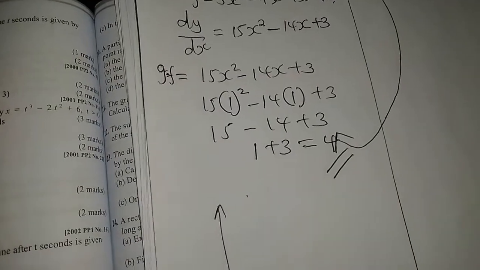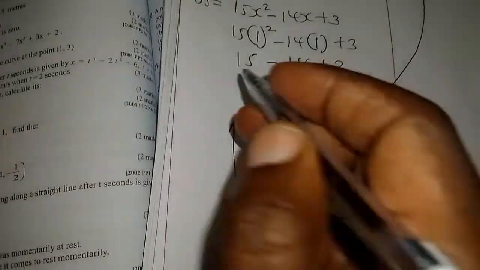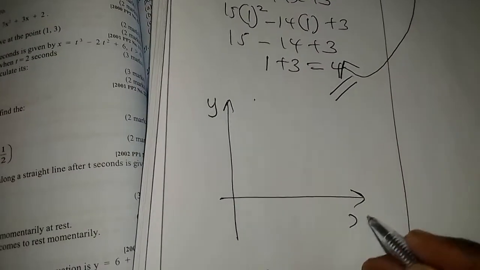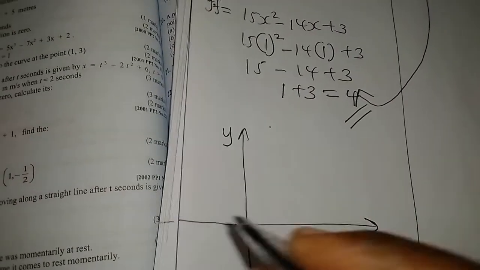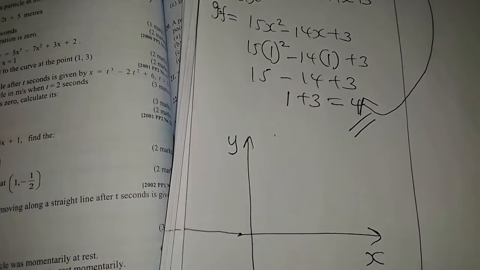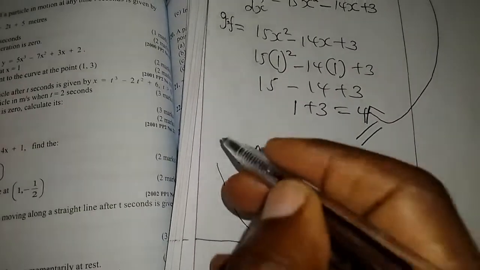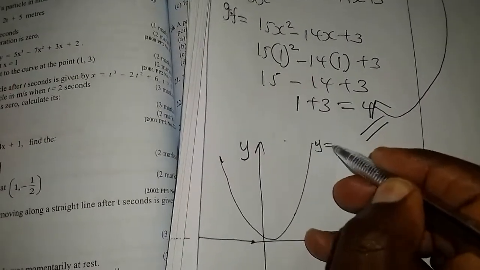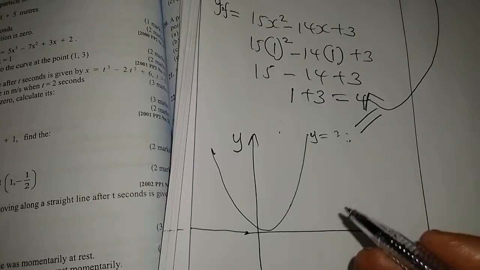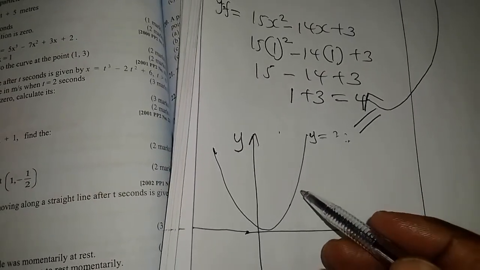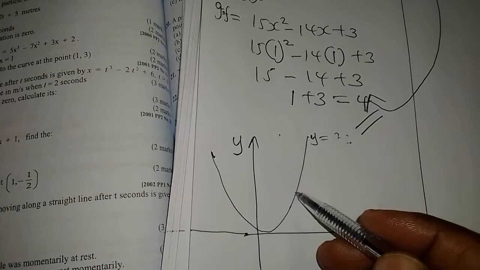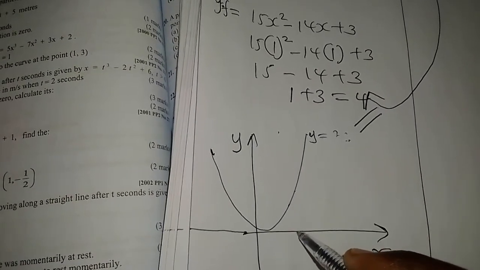I have my Cartesian plane, with my y-axis and my x-axis. I can make a curve, and let me say, for example, this is my curve. I can label it y equals blah blah blah, no problem. Then there's a tangent that touches the curve at (1, 3), that means when x is 1 and y is 3.